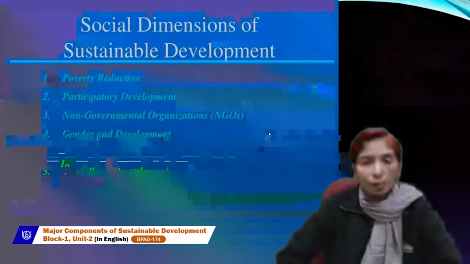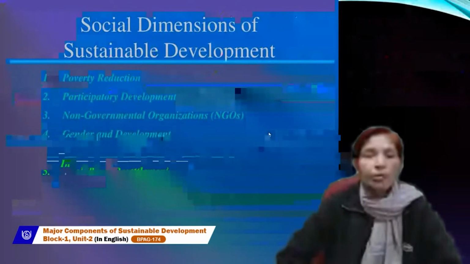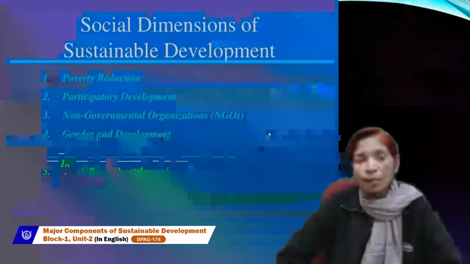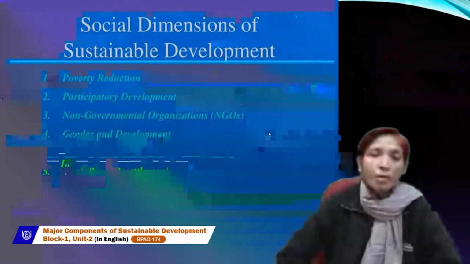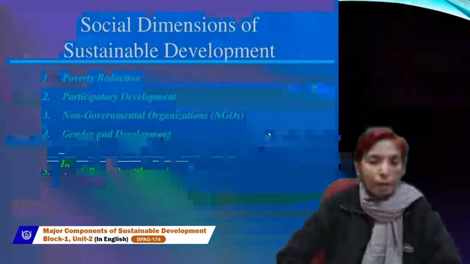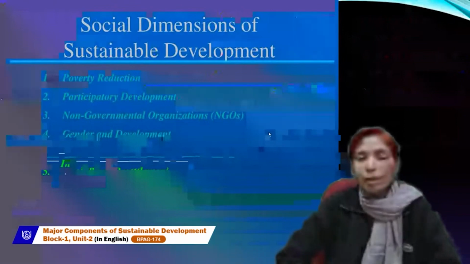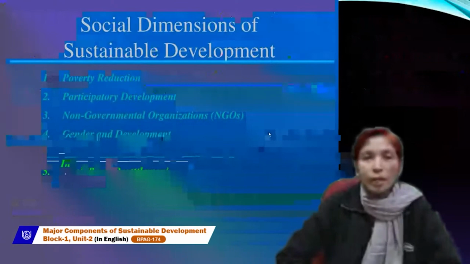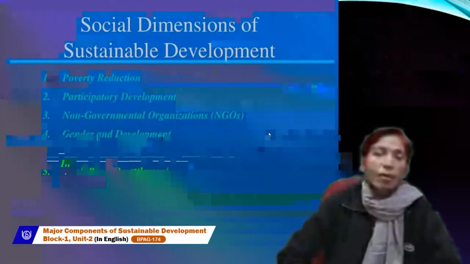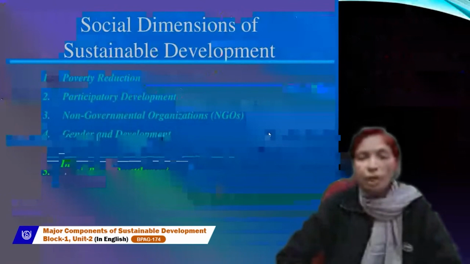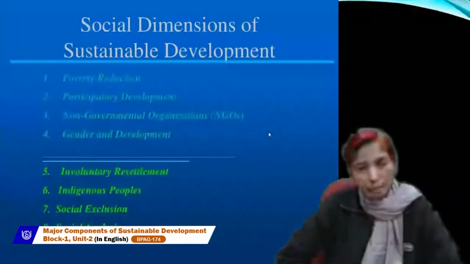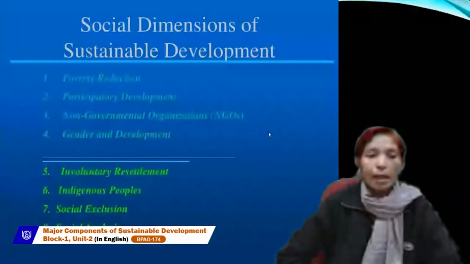At present, in the whole world, the ratio is near about 49% female and 51% male. So there should be no discrimination between male and female. Gender and development is necessary for sustainable development.